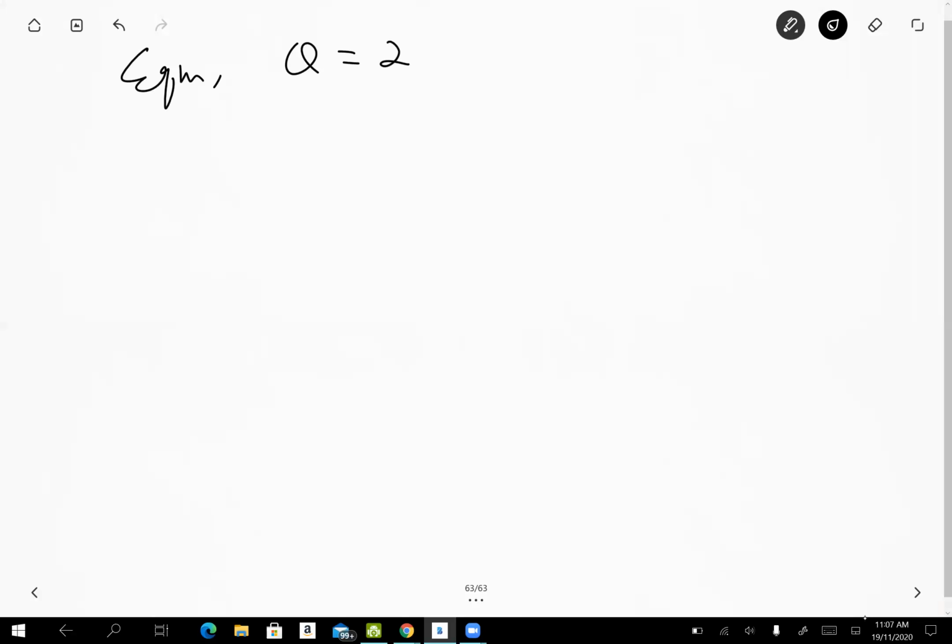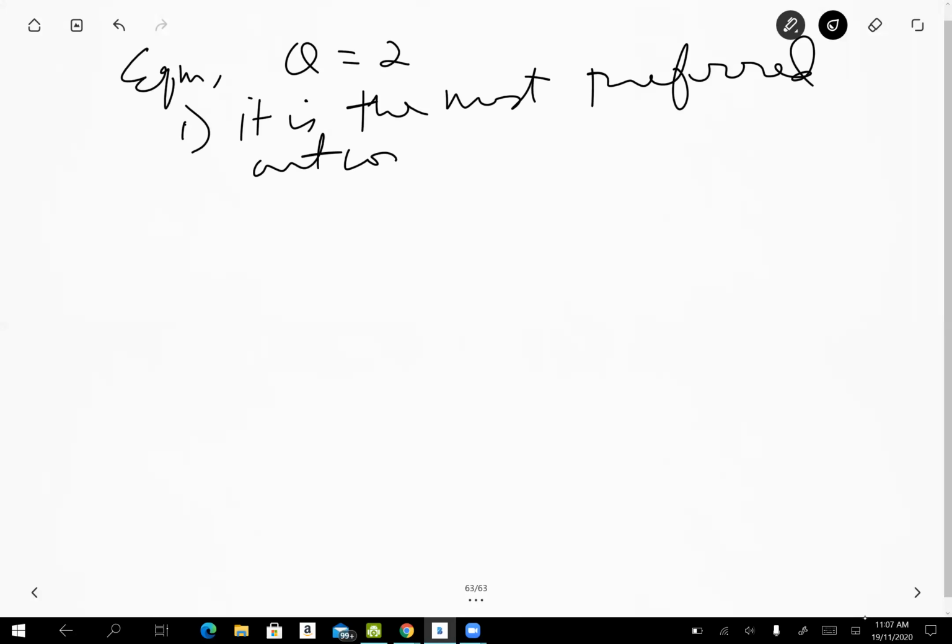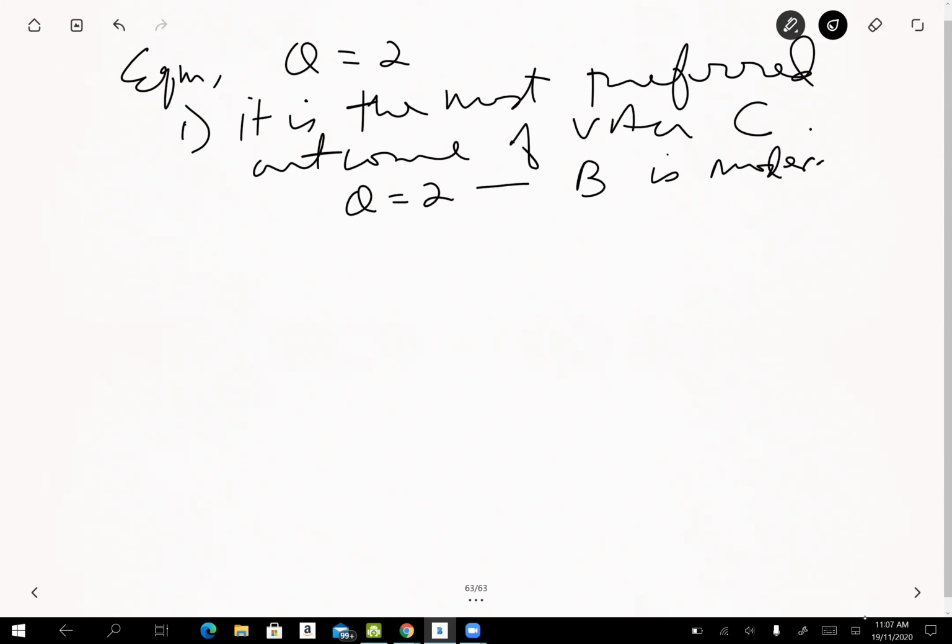Now Q equal to 2, number 1, is the most preferred outcome of voter C. You make that comparison, you will see that Q equal to 2 is the most preferred outcome of voter C. Now Q equal to 2 for B is moderately preferred, and of course for A as well, moderately preferred.